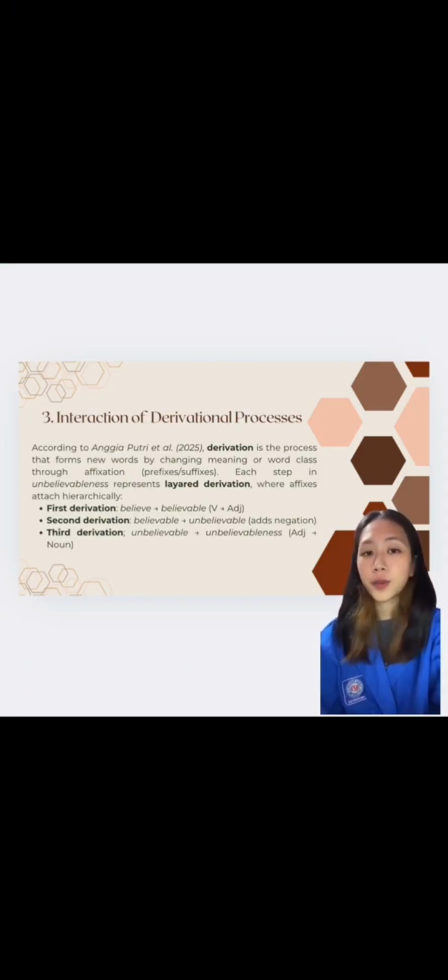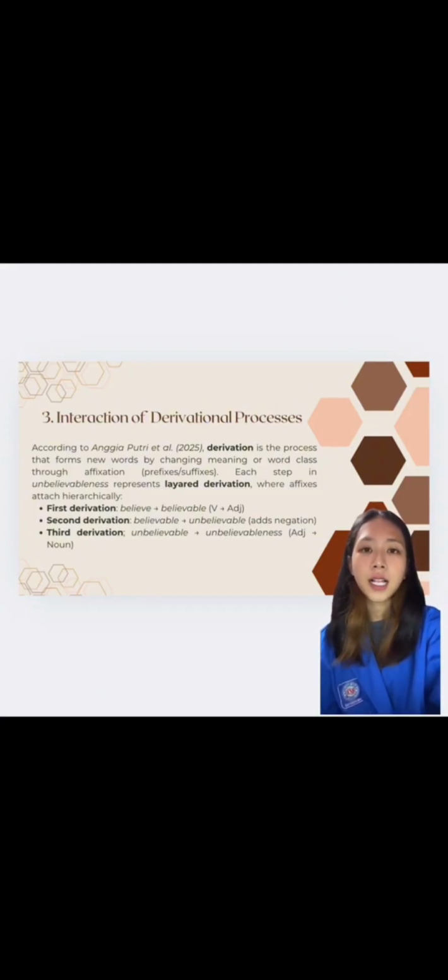Following Ng Putri et al. 2025, derivation is hierarchical. Each affix attaches to the proper word class, creating layered meaning. This word shows how morphology builds complexity from an action to a quality and finally to a state or concept.